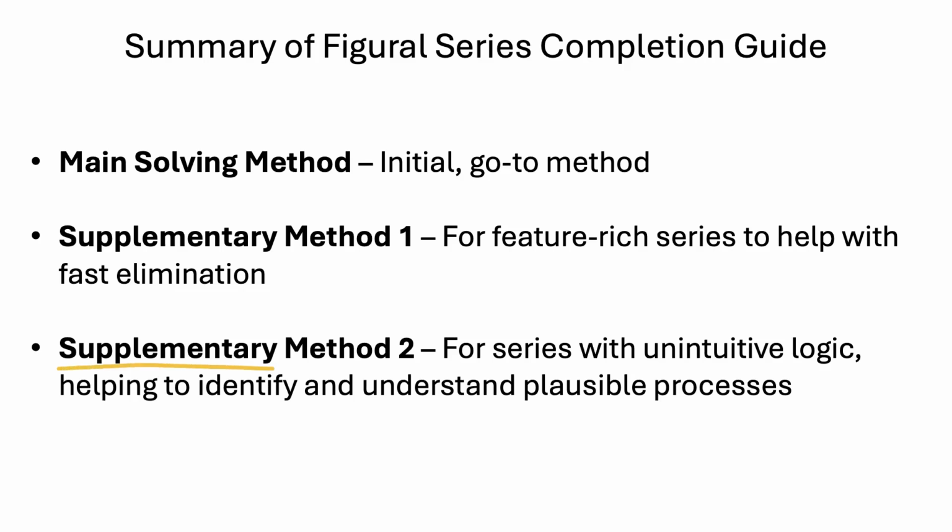And then we had supplementary method 2, and this is for series with an unintuitive logic, and it helps to identify and understand plausible processes. So this was our example with looking at the black corners versus the expanding white middle, and again, that was a quite unintuitive problem where it was easier to look at the answer options to serve as our starting point.